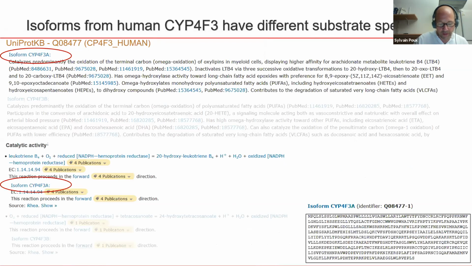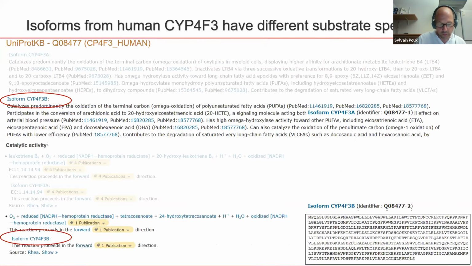Using the isoform identifier of isoform 3A, we specify its activity in a separate function comment and detail the catalytic reactions mediated by this isoform using Rhea. We do the same for isoform 3B using its unique identifier.